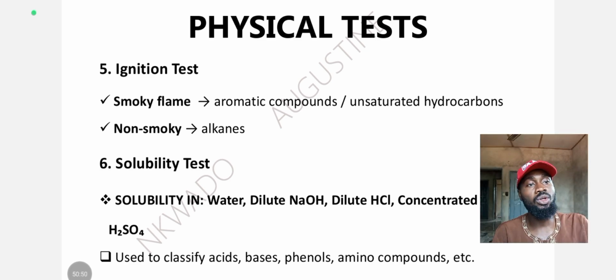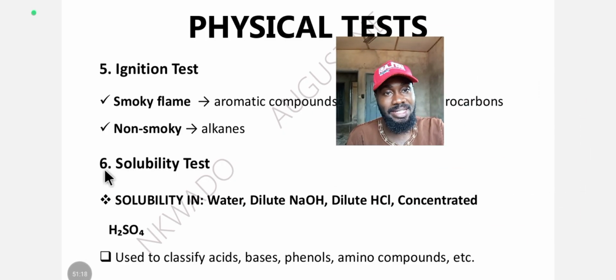To break that bond requires a lot of energy, and the high concentration of carbon gives smoke. The bond is very strong, the double and triple carbon bond. That's why you have this smoky flame, unlike the alkanes that have just a single carbon to carbon bond.